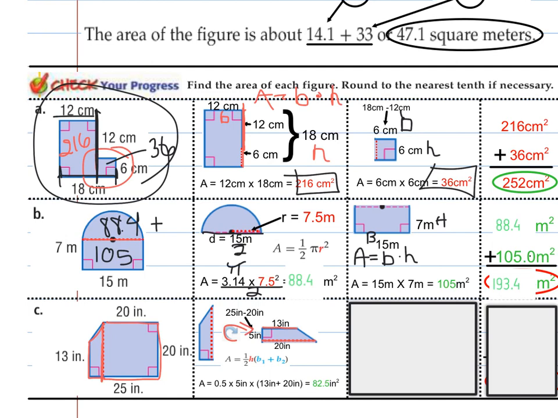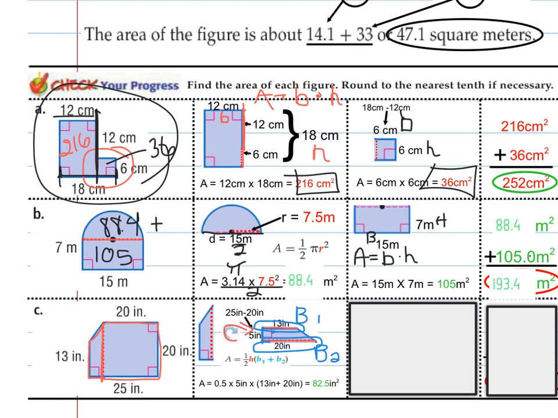So the area of a trapezoid is 1/2 times h times parentheses base 1 plus base 2 close parentheses. Okay, so plugging in what we know, it's going to be 1/2 or 0.5 times the height, which is 5, because it's 5 inches tall, times base 1, the base on top, which is 13 inches, plus base 2, the base on the bottom, which is 20 inches.